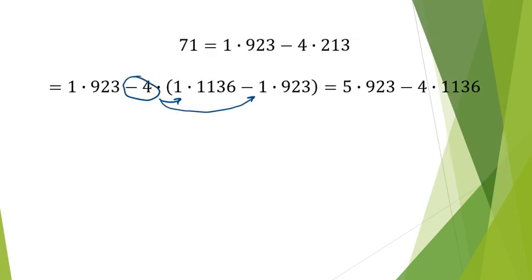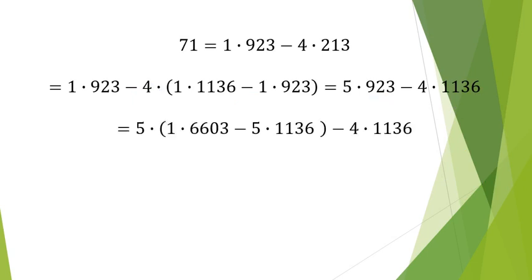in for the 923. When you do that, 5 times, there's our substitution for 923, and then the rest carries down the same. Multiply the 5 into the first number here.